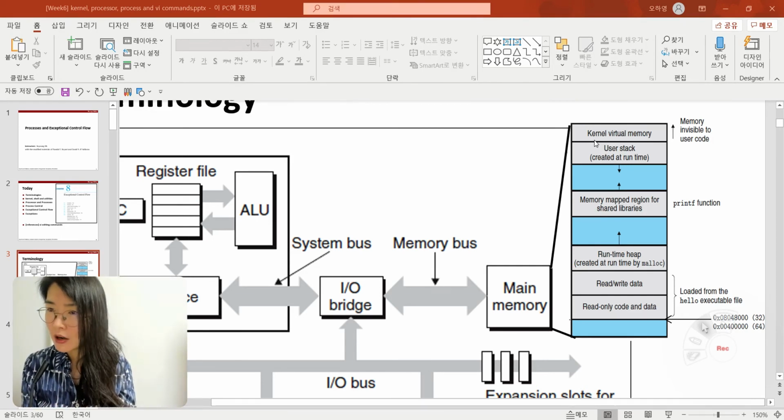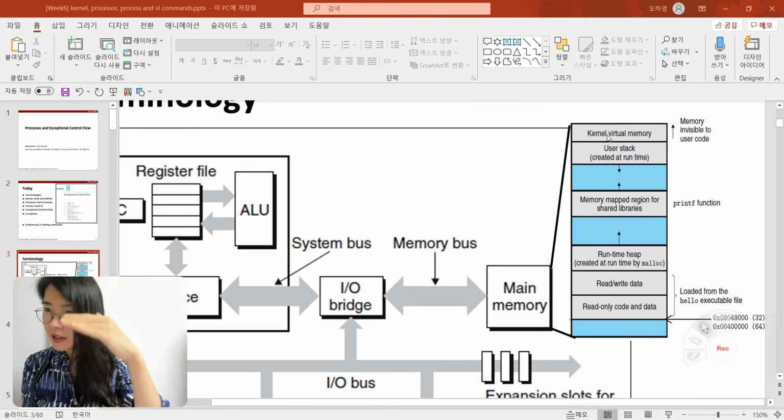Okay, so maybe before learning the kernel concept, with this figure we can imagine, oh, the kernel is the queen or princess among the spaces of the main memory, right? Because the location is top level, right?